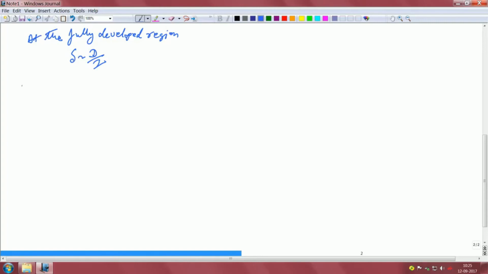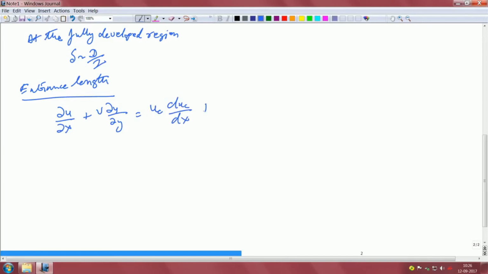Now, in the entrance length, that means in the length where the profile is still developing, we can apply the equation. How does this come? It is the same way as your external boundary layer.